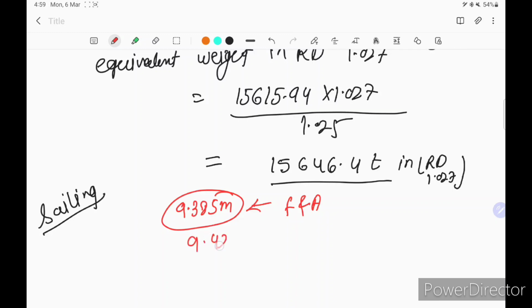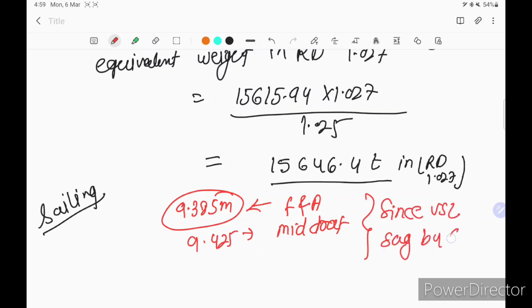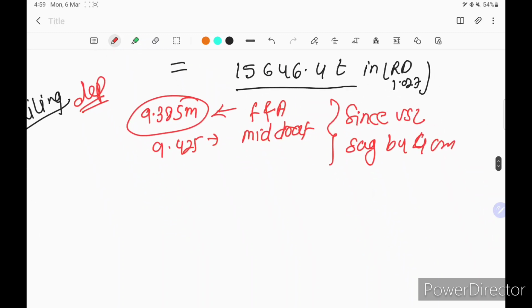So 9.425 is your mid draft, since the vessel sags by 4 cm. Okay, departure. This is departure. And for the tropical zone we get it in the MV Henship ship's particulars.